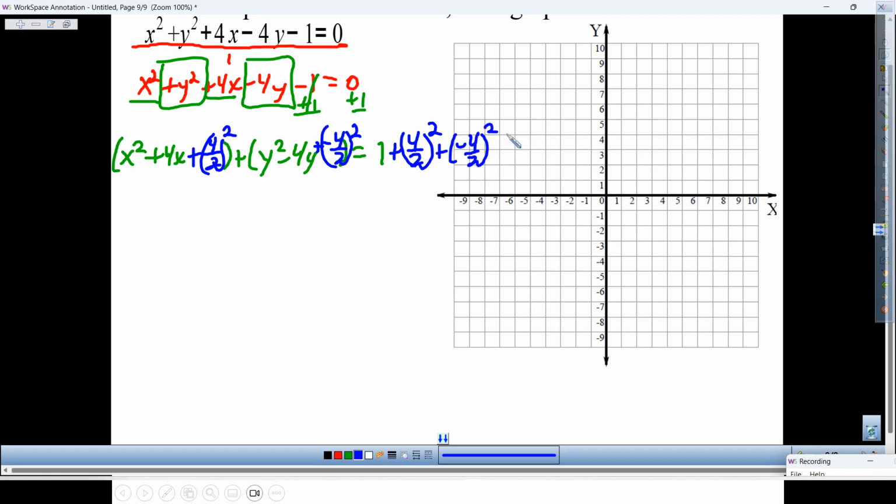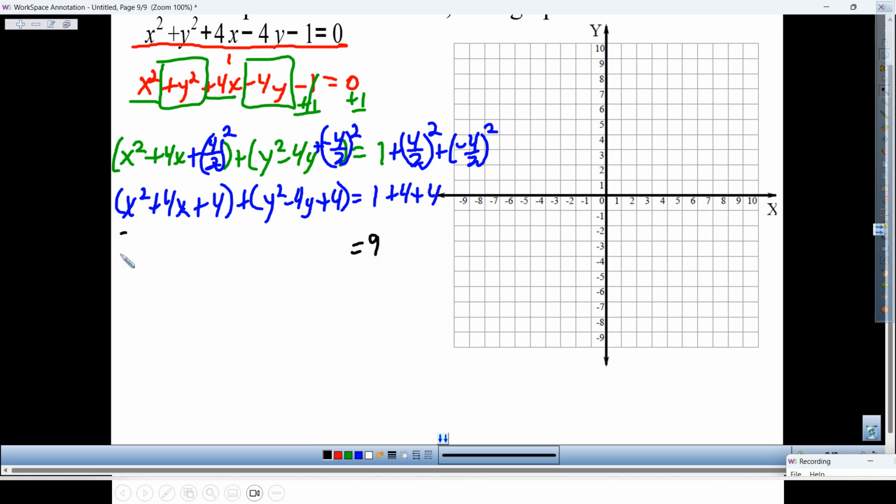Ashlyn in the house. So, we end up with x squared plus 4x plus 4 plus y squared minus 4y plus 4 equals 1 plus 4 plus 4. What is 1 plus 4 plus 4, people? 9.